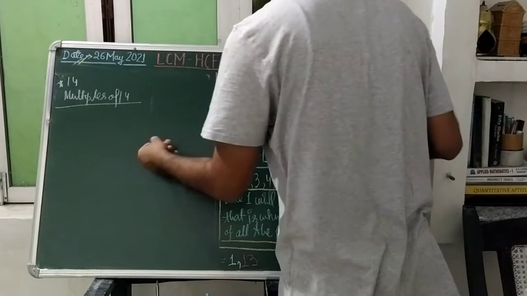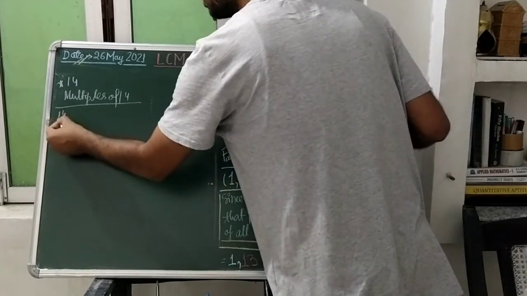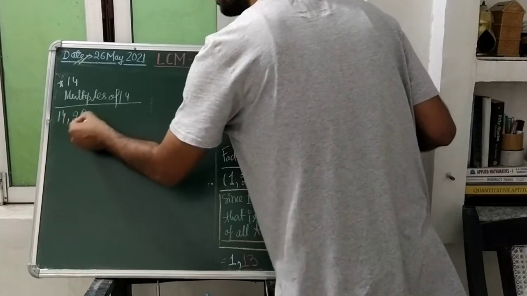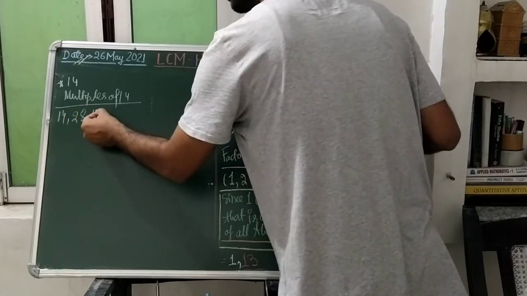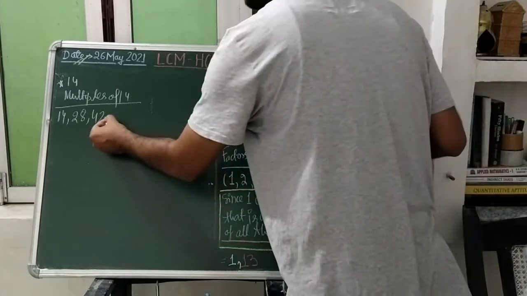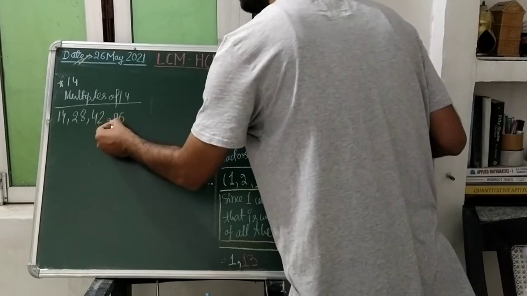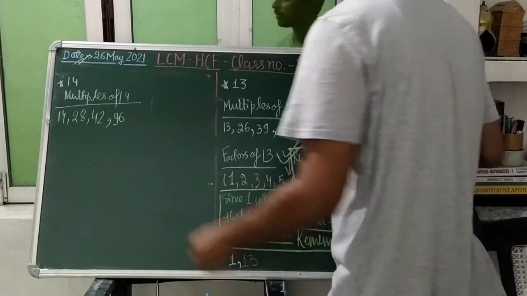How will you write the multiples of 14? We will read out the table of it. 14 1s are 14, 14 2s are 28, 14 3s are 42, and so on up to 56.